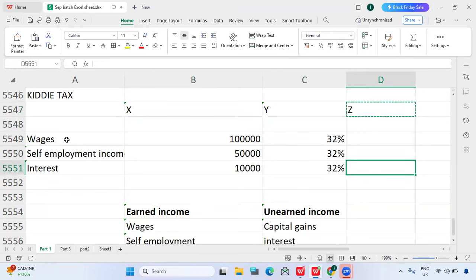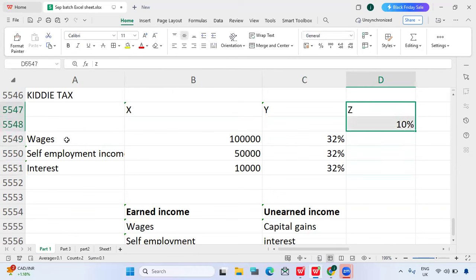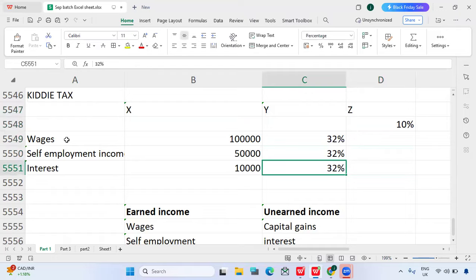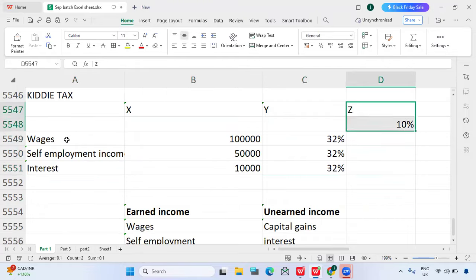In that case, Z will stand at a 10% tax rate. If they include it in the X and Y tax return, they were supposed to pay 32%, but we have transferred it in the name of Z, who will pay a 10% tax rate.